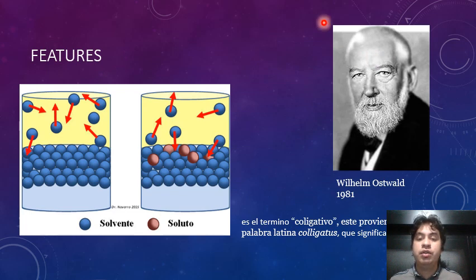He founded the Oswald Institute, the first institute dedicated to the study of physical chemistry, which he directed until his retirement in 1906.